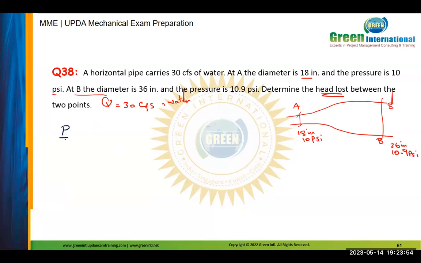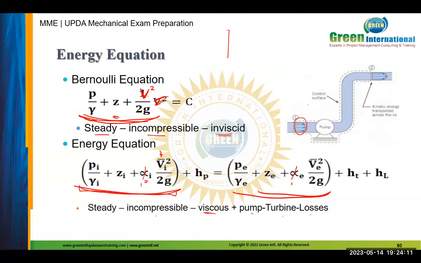So P over gamma plus Z plus V squared over 2g, with no pump, equals P over gamma plus Z plus V squared over 2g plus head of losses. One question: why do we put the pump on this side, and the turbine and losses on the other side? Because the head of the pump normally adds energy to the flow.